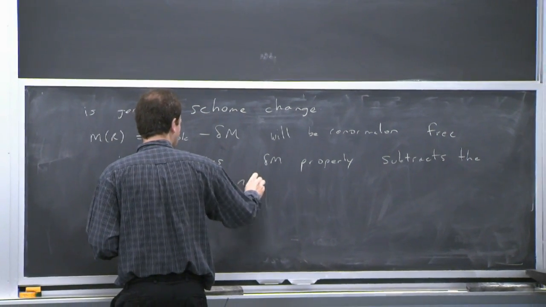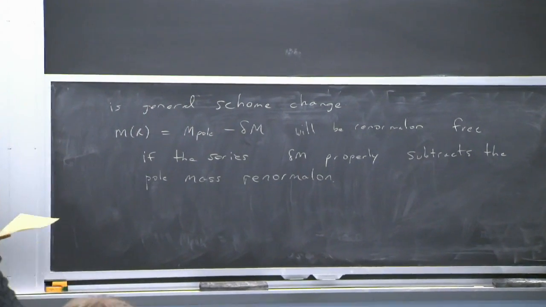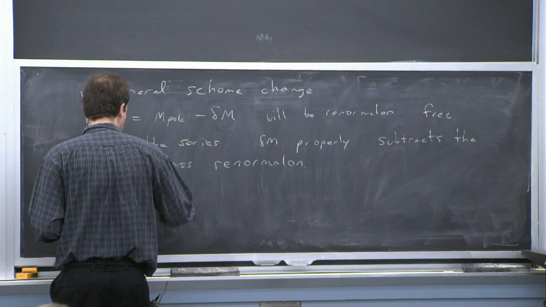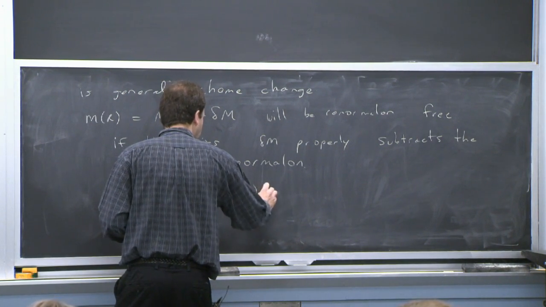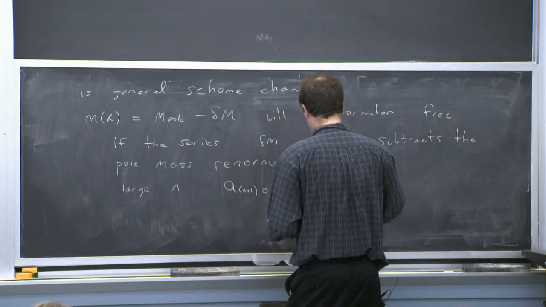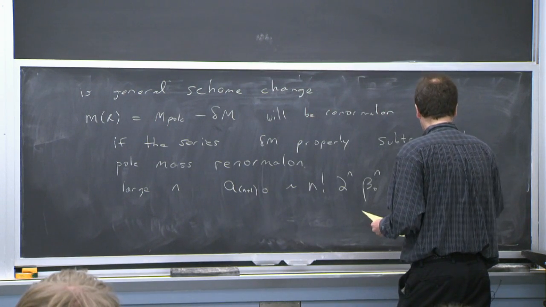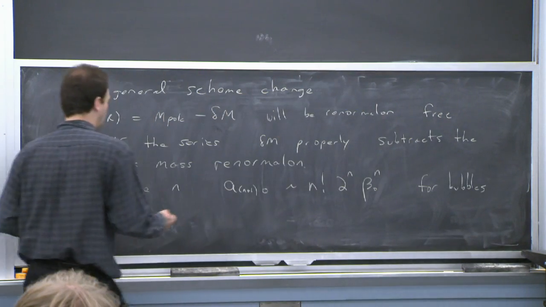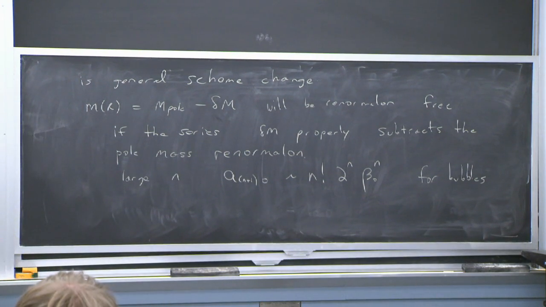The pole mass has this renormalon that we've been talking about. If I set it up so that my subtractions also have the same kind of structure, so for the example that we did, you would need the non-logarithmic terms to be n! 2^n beta_0^n. As long as we have the right terms in the delta M, we can construct something that's free of that renormalon.